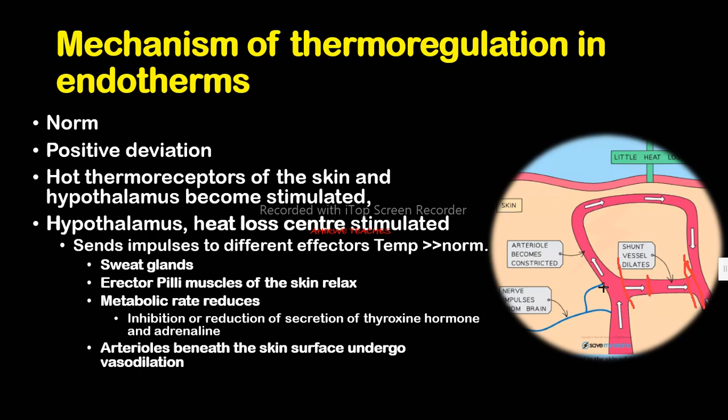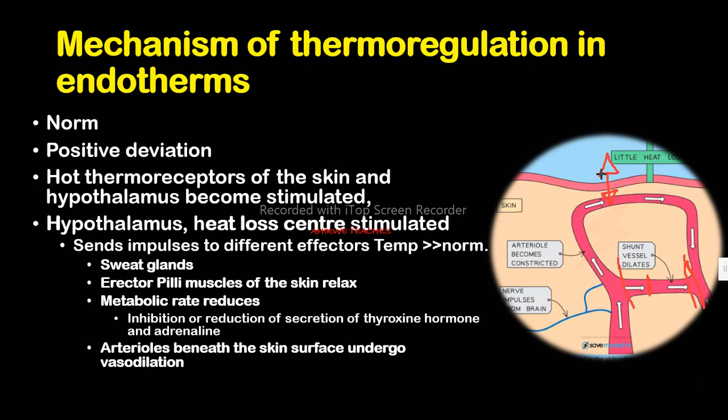And then the arterioles, together with capillaries, they undergo vasodilation. They increase in diameter so that large volumes of blood will flow underneath the skin. So that the diffusion distance between the blood that is flowing through these capillaries and the external environment is very small.